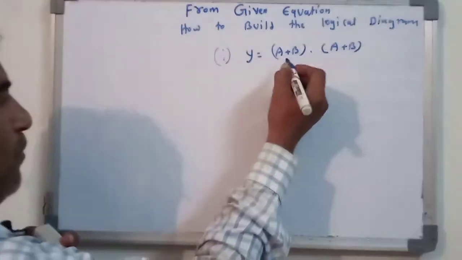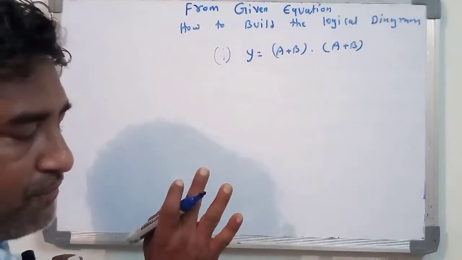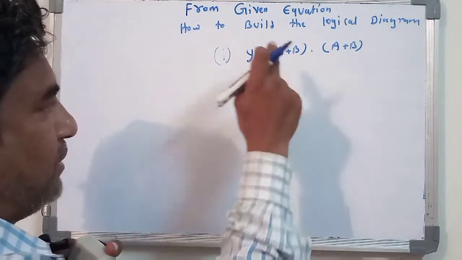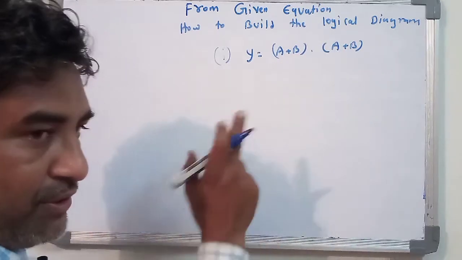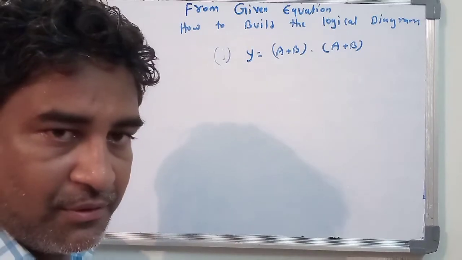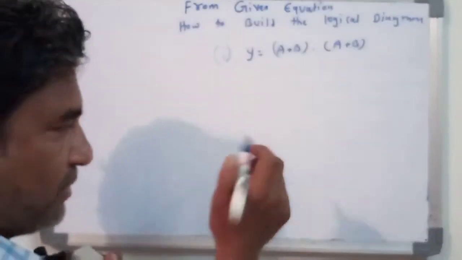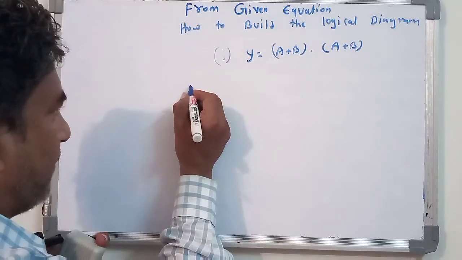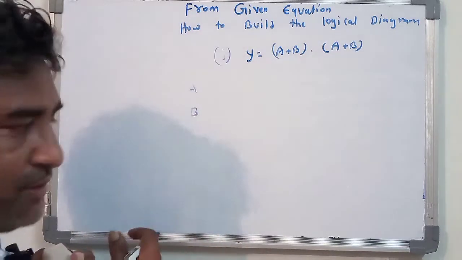So as I told you, first you have to check how many variables there are, then second, check what sign is present in the equation, and third, draw the equation. So how many variables are there? There are two variables, a and b.